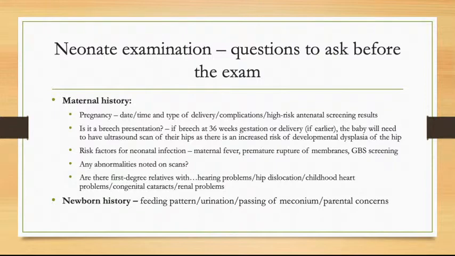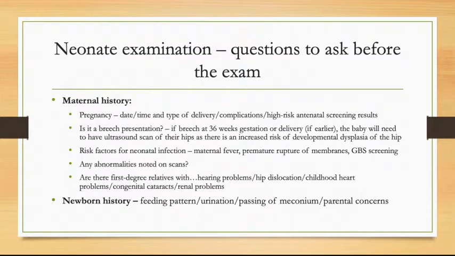So the questions are a bit similar to the type that you ask for birth history, such as type of delivery, were there any antenatal screening results, any abnormalities on scans, was there any maternal fever, premature rupture of membranes.